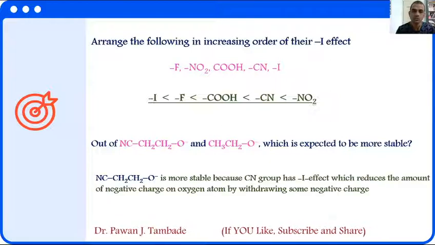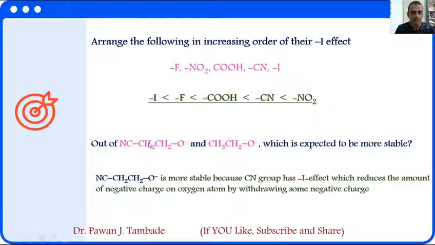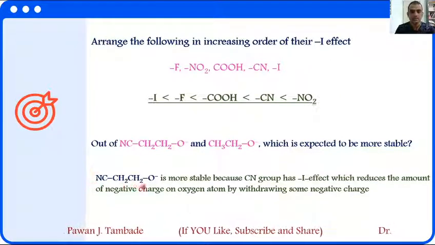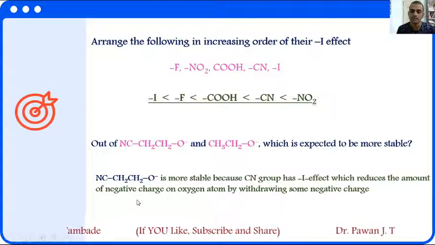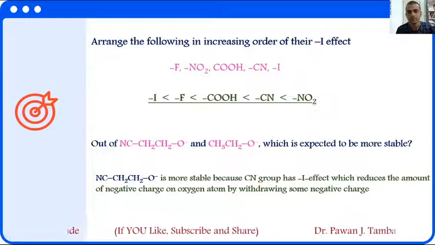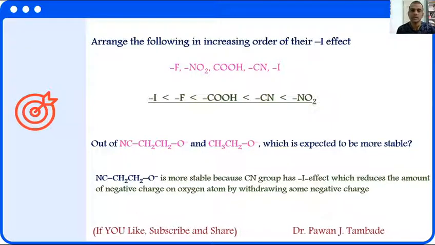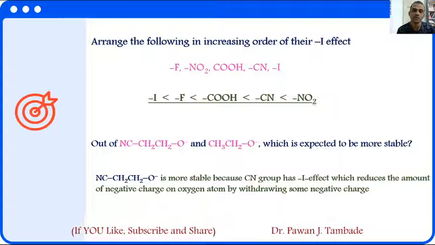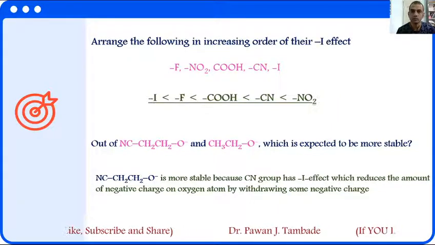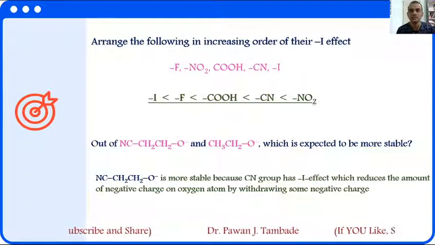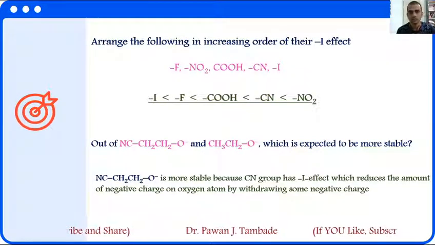So among these two species, that is NC-CH2CH2O minus, will be more stable because the cyano group shows minus I effect, which ultimately reduces the amount of negative charge present on the oxygen atom. However, CH3CH2CH2O minus will show electron releasing, which will enhance the negative charge present on the oxygen species.